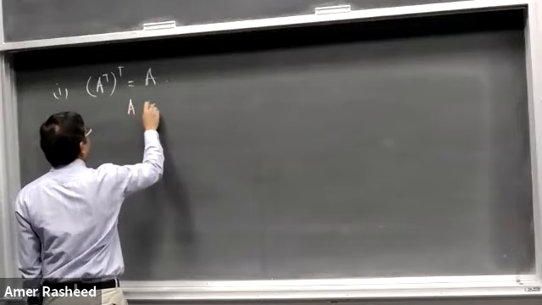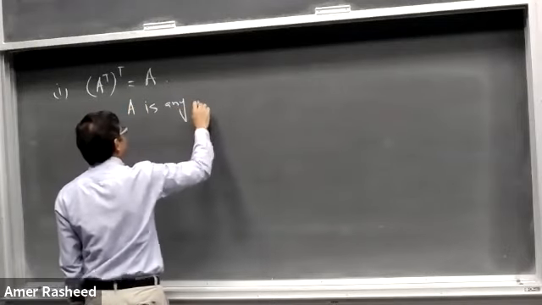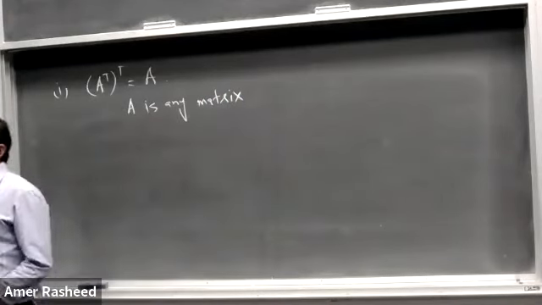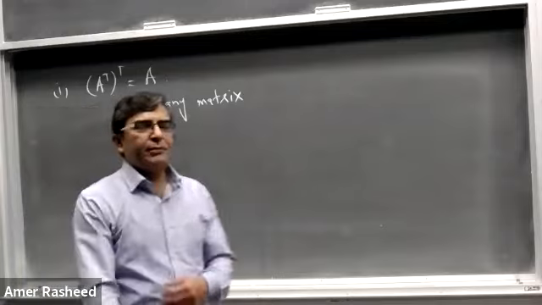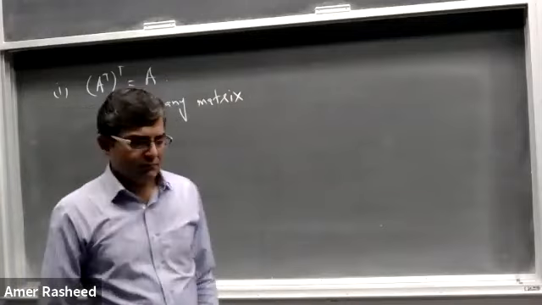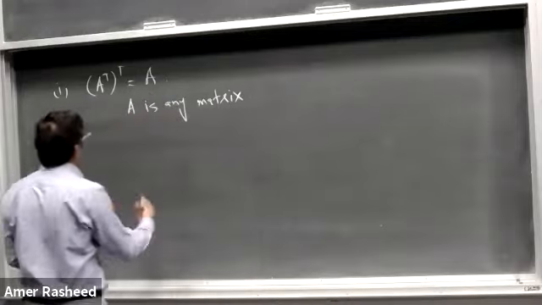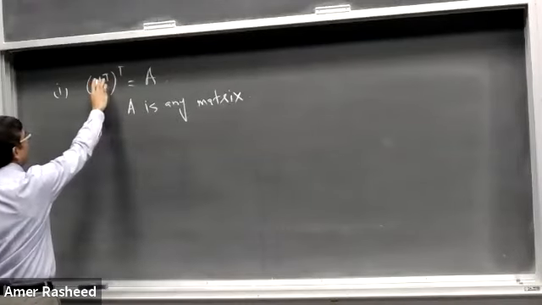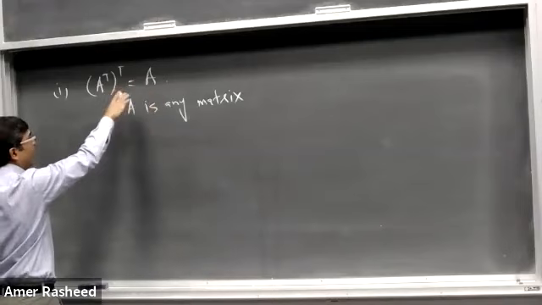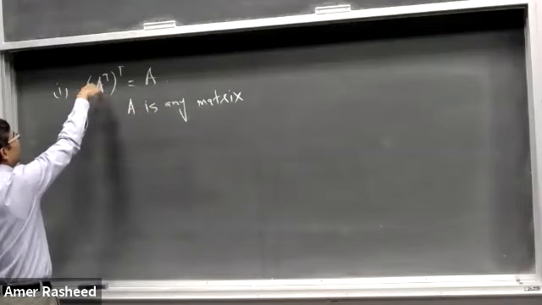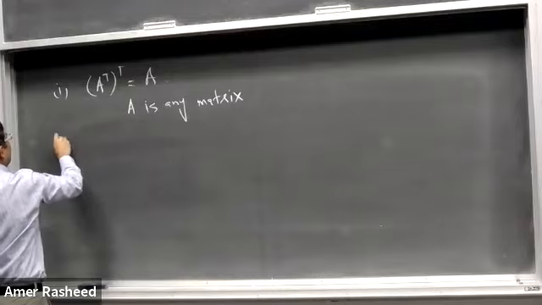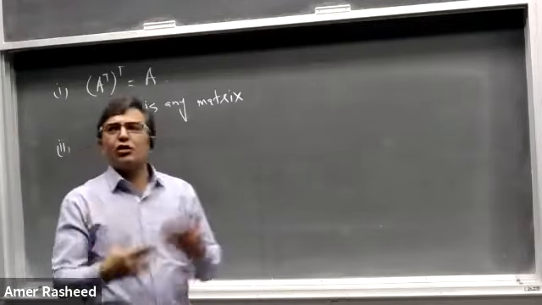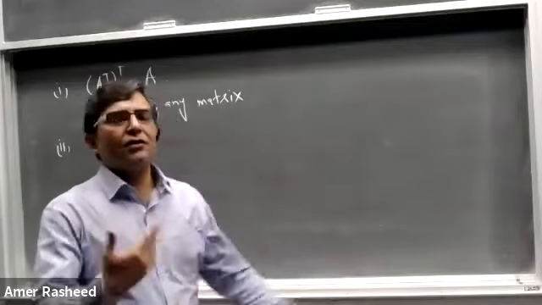It could be a square matrix, it could be invertible, it could be symmetric, anything. It could be a row or a column vector. So there is no condition on what kind of matrix it should be. A should be any matrix. Then its double transpose is equal to the original matrix, because when you interchange rows and columns two times, definitely you'll get the original matrix.